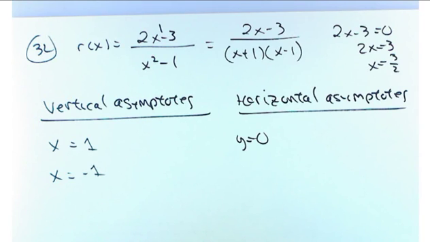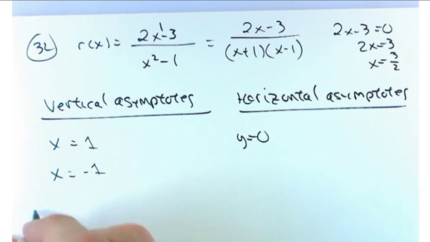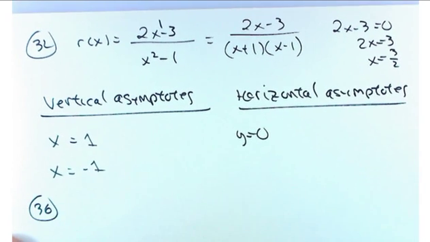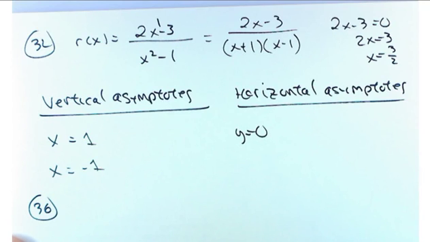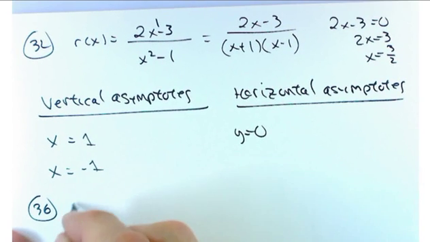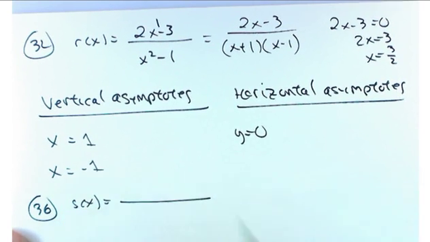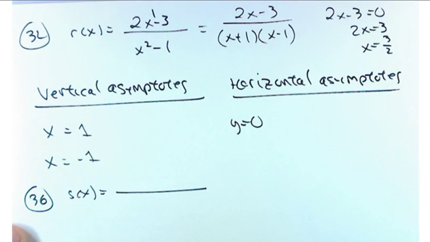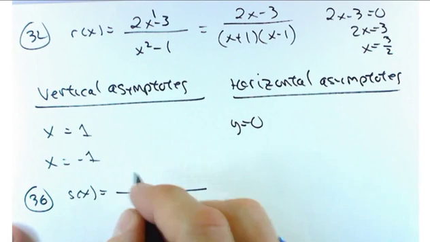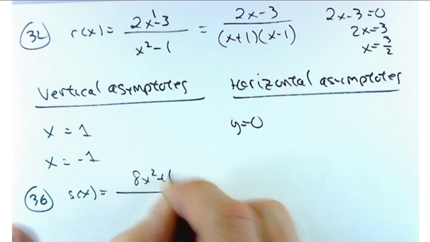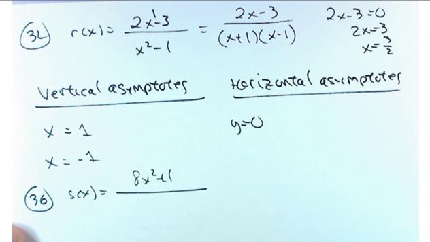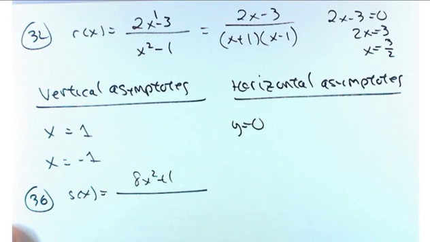Let's try problem number 36. Give you a chance for one. Maybe I'll help you out a little bit with the denominator. So problem 36. S of x is 8x squared plus 1 divided by 4x squared plus 2x minus 6.